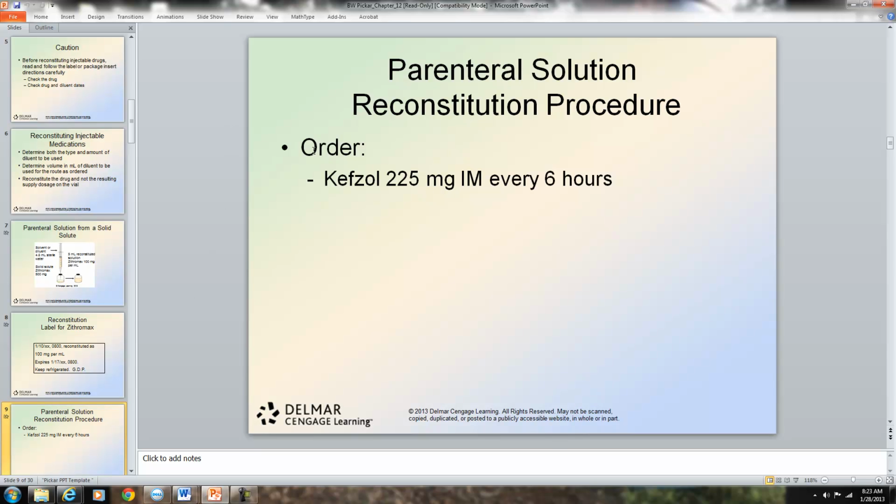So, if the doctor orders Kefsol 220 milligrams IM, means in the muscle, every 6 hours. So this is what the doctor has ordered. This is what is desired.